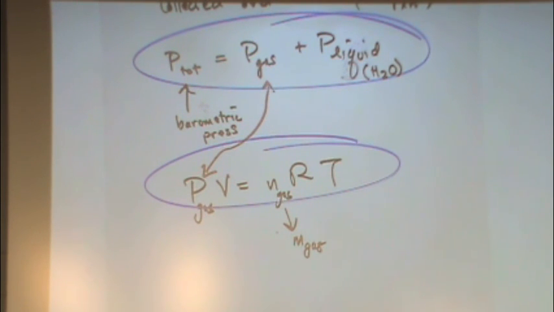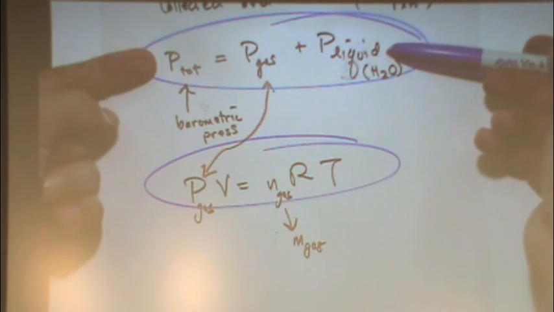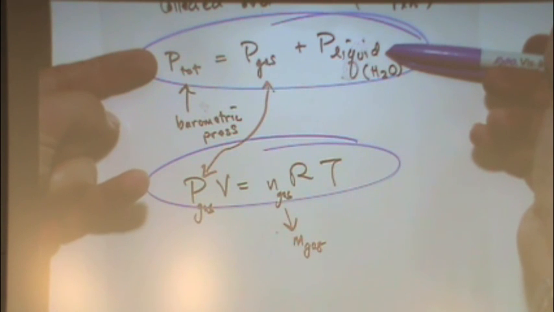Or if you're starting here, you want this in grams, because the periodic table's in grams per mole, to get you moles here. Pressure comes out in what units in this formula? Atmosphere. However, typically these units are usually what's called millimeters of mercury, mmHg.